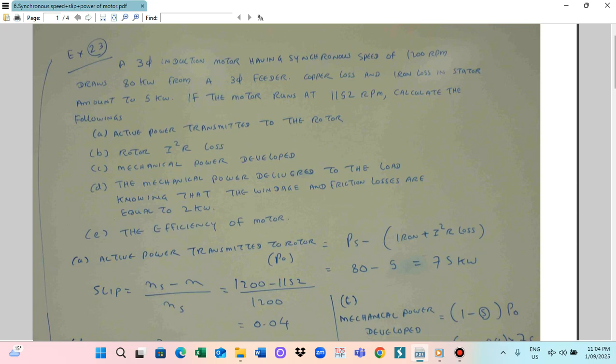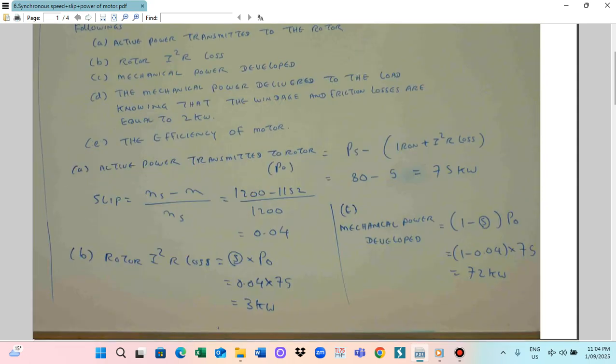We can calculate this as P0, which is PS minus the iron plus I square R loss. The input power is 80 kilowatts from the three-phase feeder, so this is 80, and the copper and iron loss combination is 5 kilowatts. So you get 75 kilowatts. So the power output is 75 kilowatts.